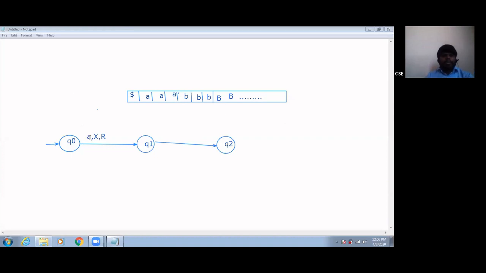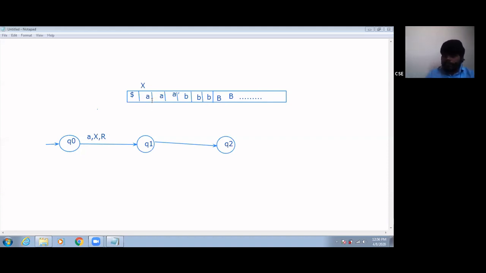Q naught on A is the input processing symbol, and X means A you have replaced with X, and you are moving right hand side.